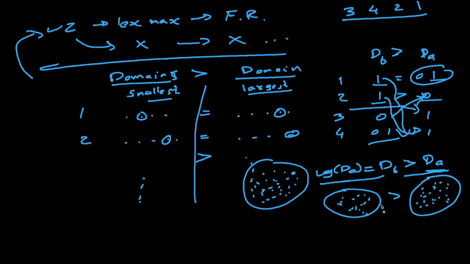So all of these points will be lexicographically larger than all of these points, which basically means that node A, this particular node, will never contain the lexicographically largest element in my solution, which basically is in the fundamental region. So none of these points are in the fundamental region, and we can basically prune this entire subtree under the node A, right?